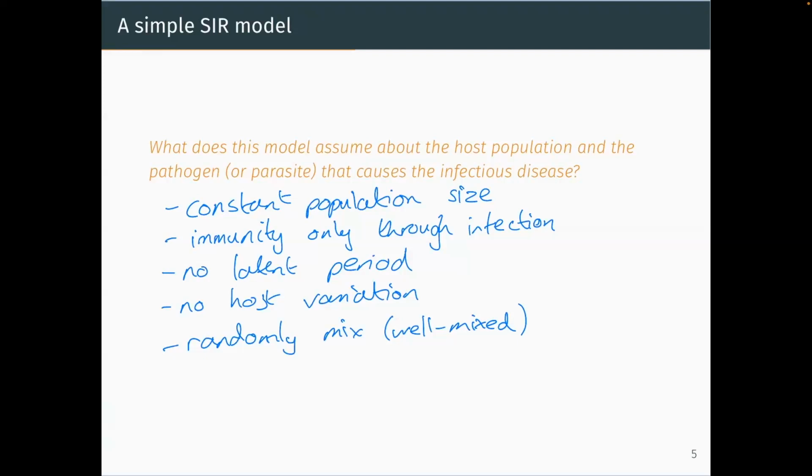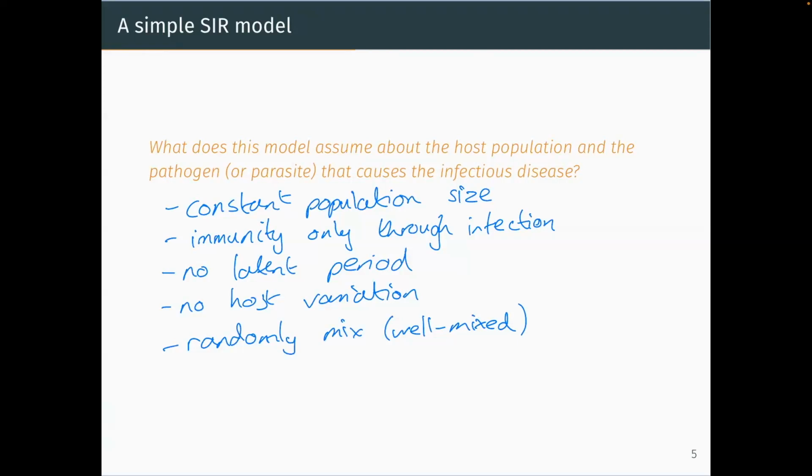Obviously, if you wanted to model an outbreak in somewhere like Vancouver, that might be a reasonable assumption. If you were modeling it in Canada, you wouldn't be expecting people in Montreal to be infecting people in Vancouver, right? So you might want to take into account that people don't have the same contact rates if they're not geographically close to each other.